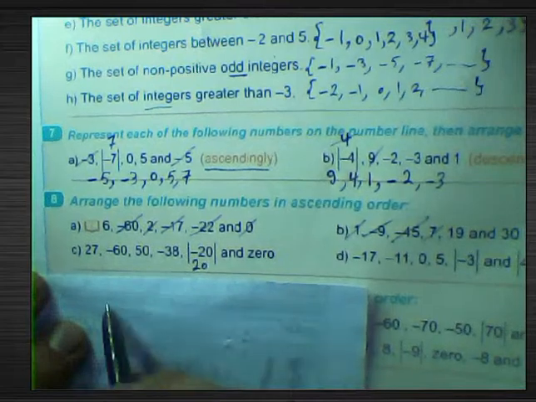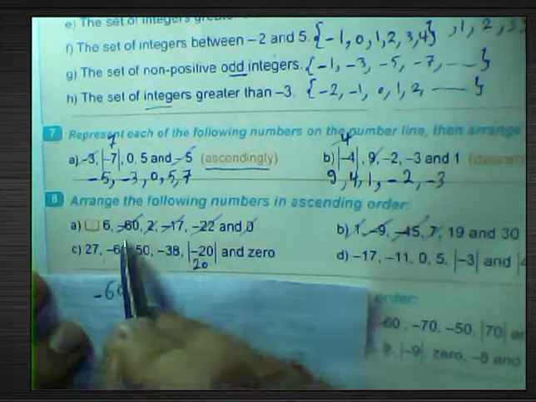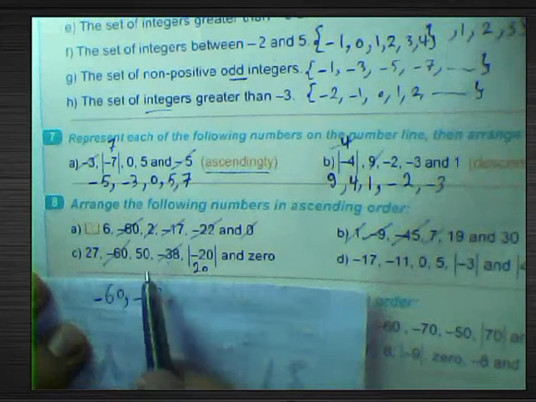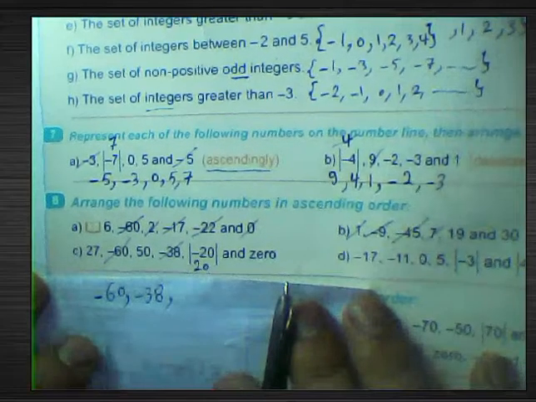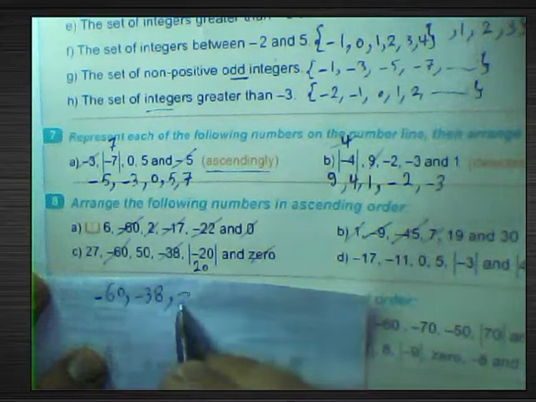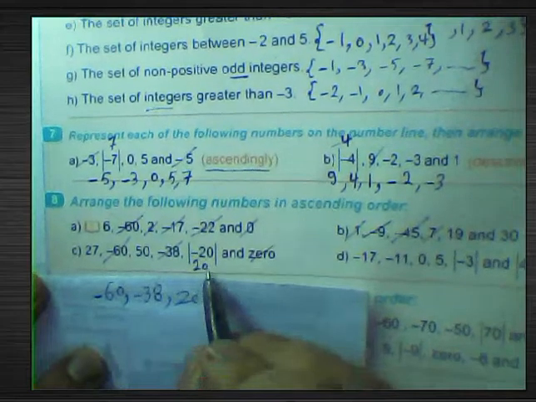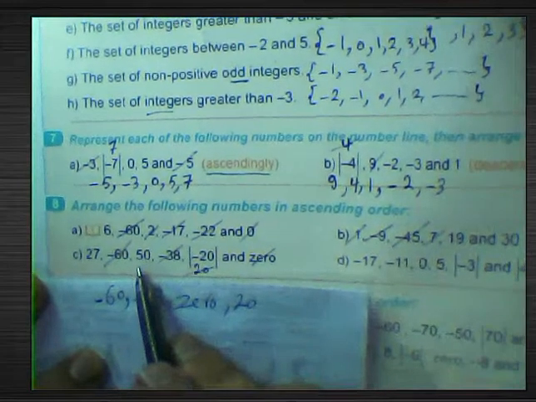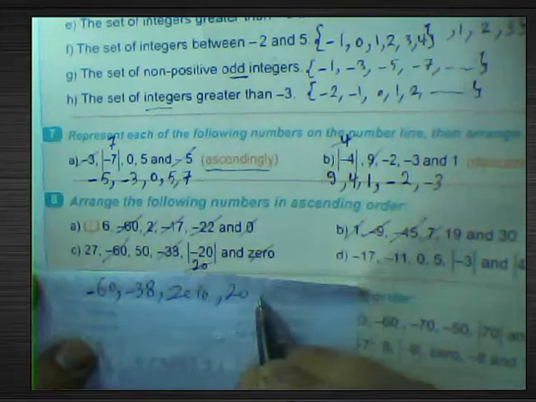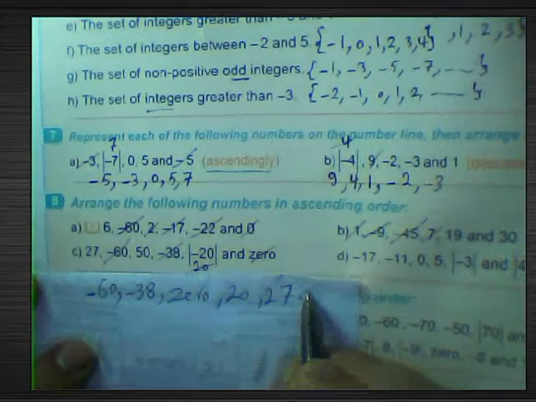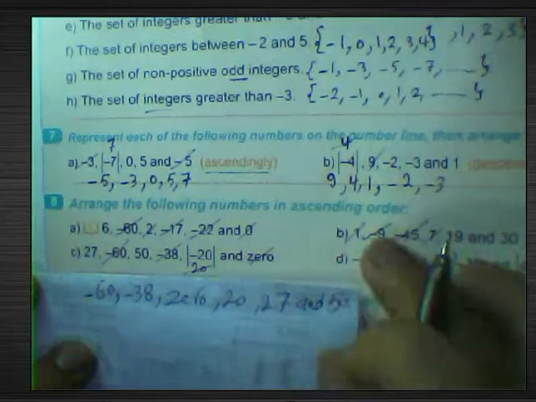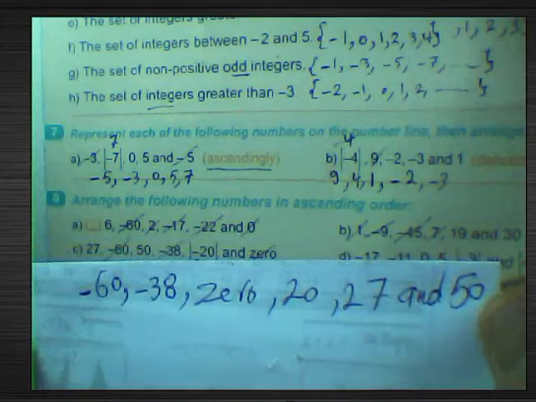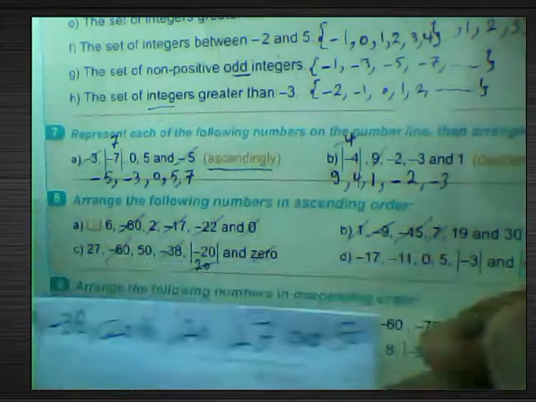From smallest, negative 60 first, negative 38, and 0, 20, and 27, and 50. It's okay. Negative 60, negative 38, 0, 20, 27, and 50.